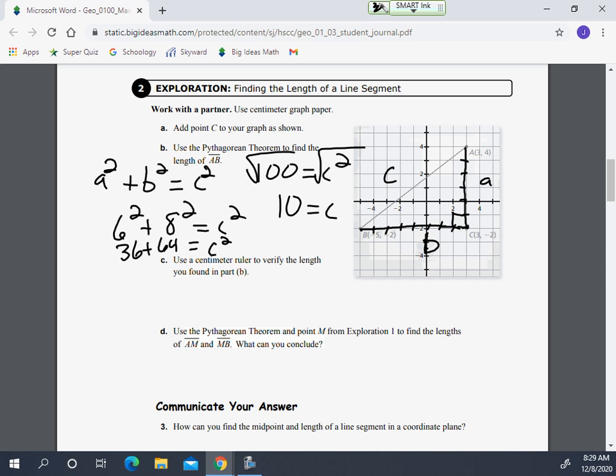Okay? So that's our Pythagorean theorem. Good. Our distance from A to B is 10.